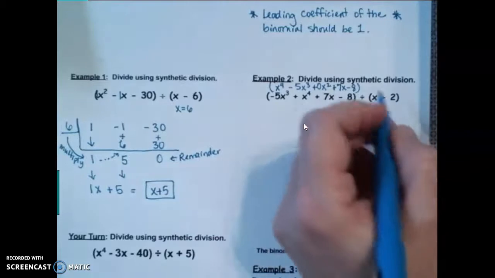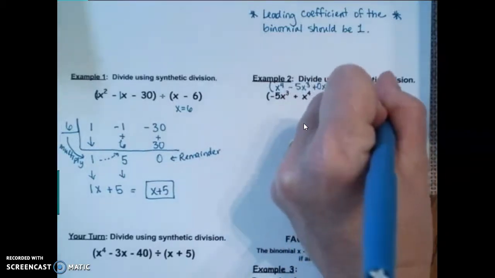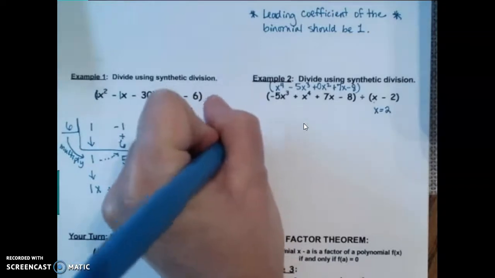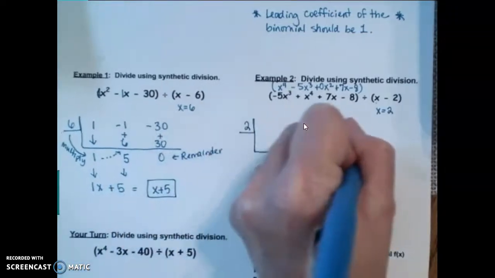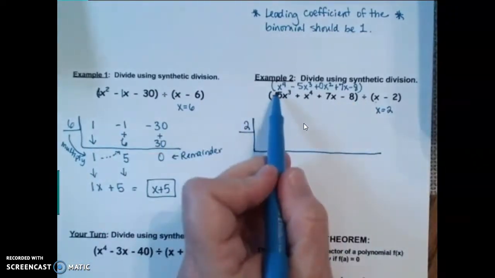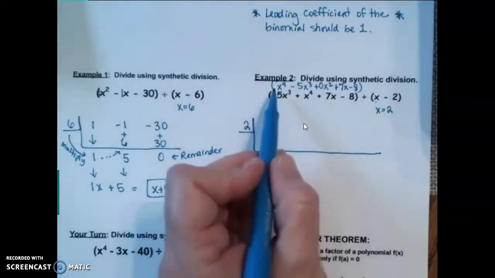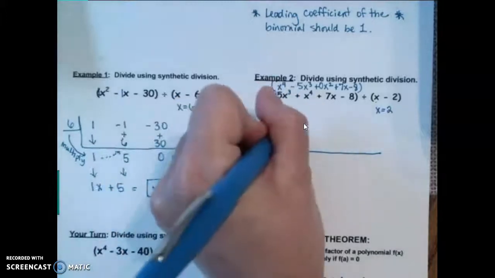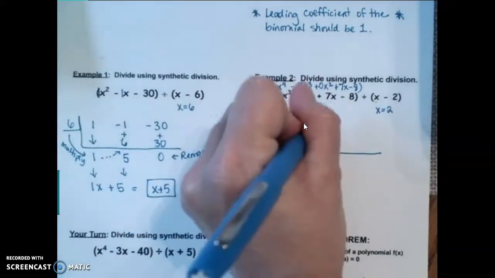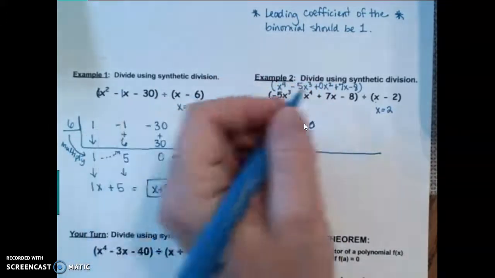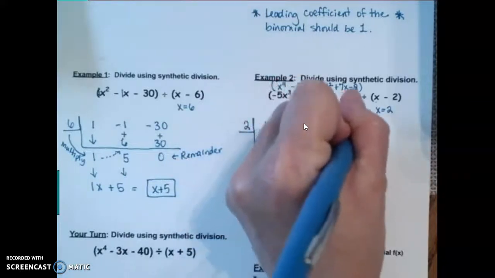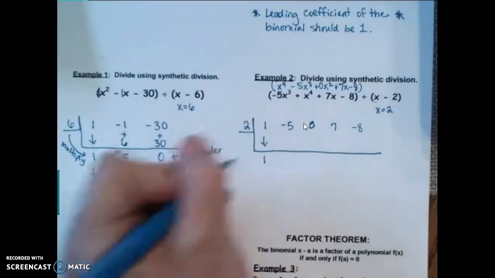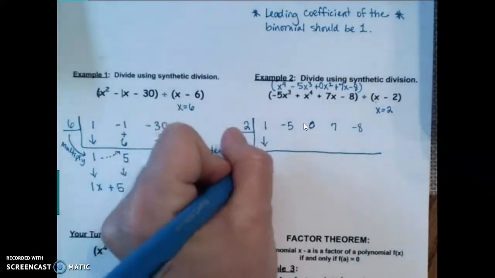So here, if this is x minus 2, we're going to put positive 2 in the box. Then we want our coefficients only, no variables. So we have a 1 in front of the x to the 4th, a negative 5, a 0 in front of x squared, a 7, and then a negative 8. First number always comes down, and then you're going to multiply.